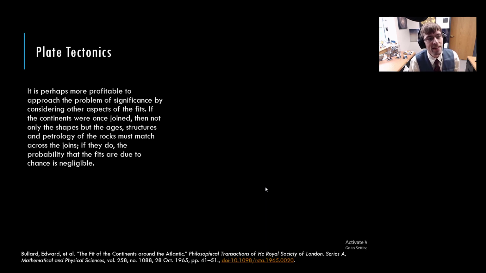He said this: it is perhaps more profitable to approach the problem of significance by considering other aspects of the fits. If the continents were once joined, then not only the shapes, but the ages, structures, and petrology of the rocks must match across the joins.